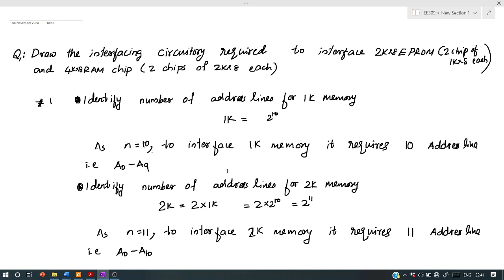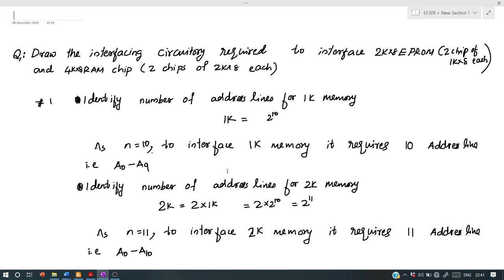In a 3 to 8 decoder circuit, the 3 input pins are the 3 adjacent lines of the address bus after those required to interface the memory chip. That is, here for the first 1K chip, the address lines are A0 to A9. So the next 3 address lines are A10, A11 and A12.